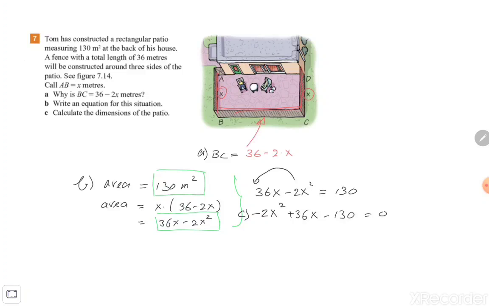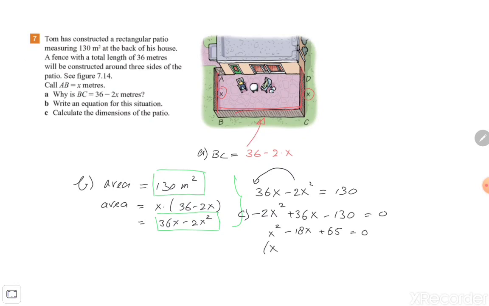Now, the difficult part is that you need to divide everything by minus 2. Then you get x squared minus 18x plus 65 is equal with 0. Now we need to find a multiplication. What multiplies to 65, and if we add them, you get minus 18.